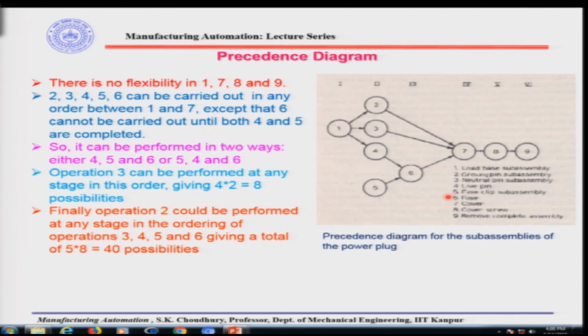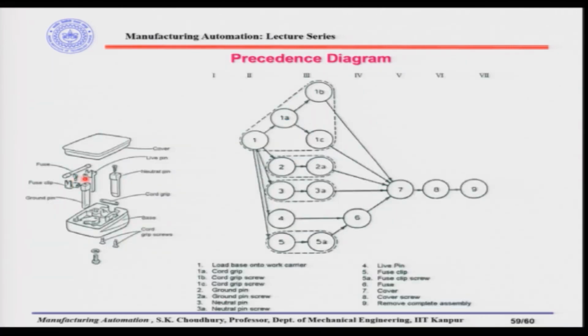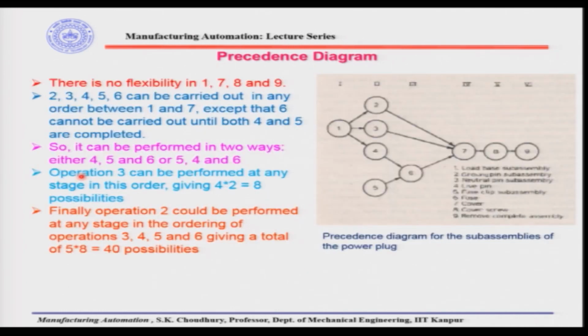You can see that in here. For example, here is the fuse clip and here is the live pin. Before the fuse clip and live pin, the fuse cannot go in. So, after the live pin is inserted and the fuse clip with the screws inserted here, then the fuse can go in. All right.